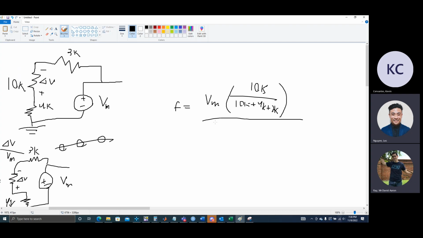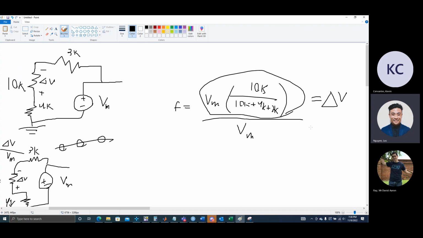And then since F is change in V over Vm, we divide it all by Vm, because this top part right here is equal to change in V. Does that kind of make sense? Yeah, that makes sense. Cool.